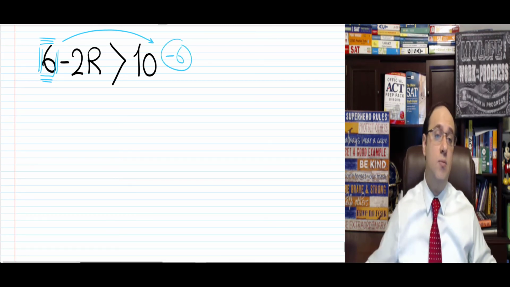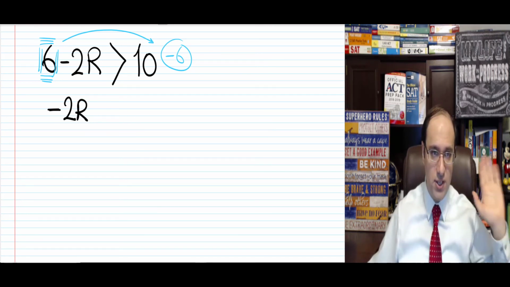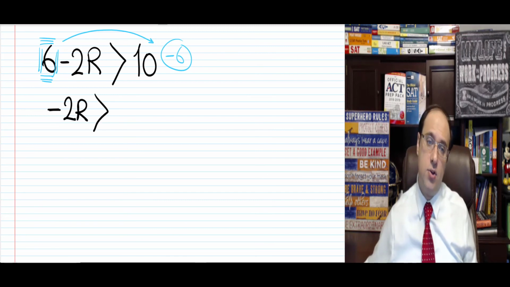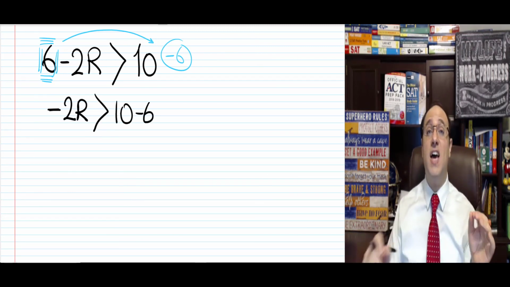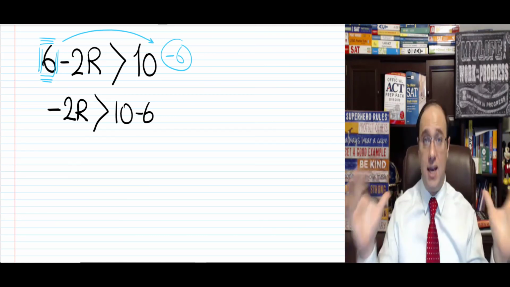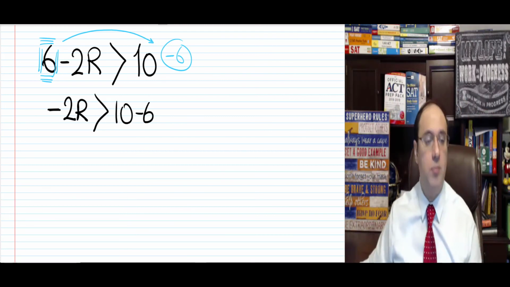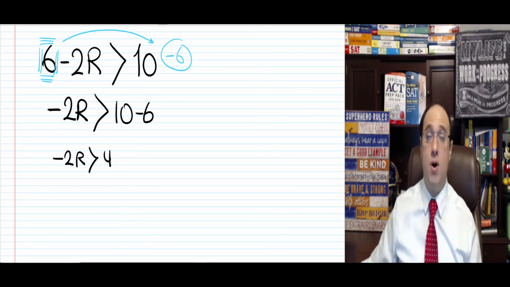Now it becomes negative 2r, because the negative right here doesn't move. It stays with the 2r. Positive 6 went as negative 6, so greater than 10 minus 6. See here, I didn't change any signs because I didn't flip the positives and negatives. I just moved a number from one side to the other, which is completely normal. Negative 2r is greater than 4.